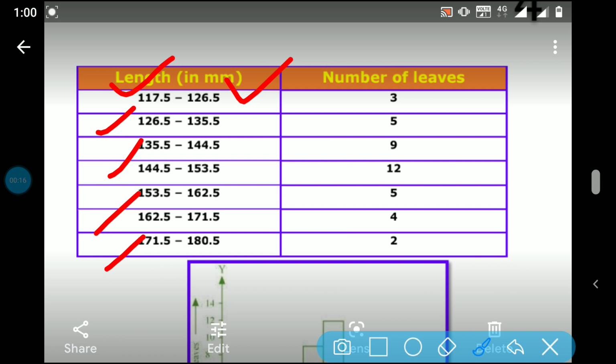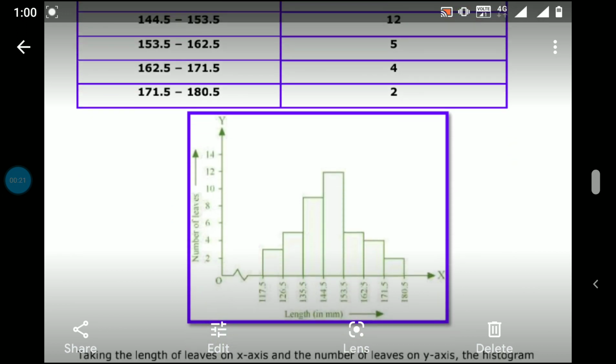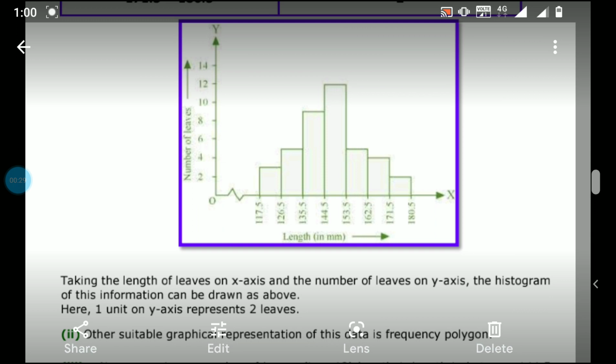Okay, now we will draw the frequency histogram. Here this is the class interval. We will take the class interval on the x-axis and the frequency on the y-axis.